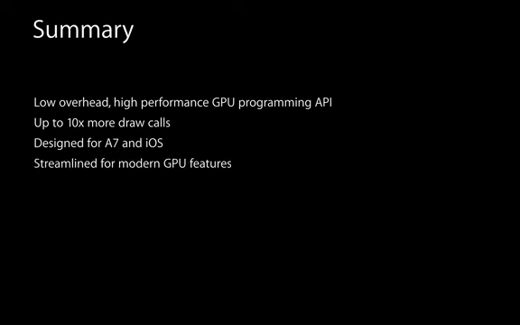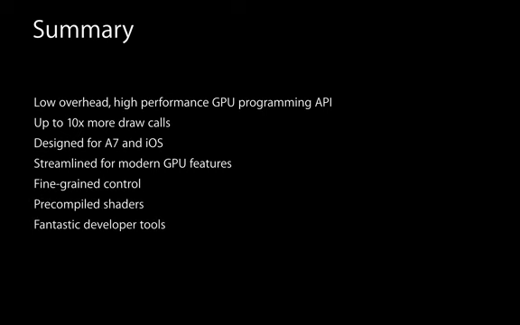And we've streamlined the feature set and the API footprint to focus on the most modern GPU features, such as unified graphics and compute, and the most modern GPU game programming techniques, such as those that require fine-grained control and efficient multi-threading. With support for pre-compiled shaders and a fantastic set of developer tools, we believe you're going to be able to use Metal to create an entirely new class of games for your customers. We're really looking forward to what you guys are going to be able to create with Metal. We think it's just a truly, truly fantastic thing.